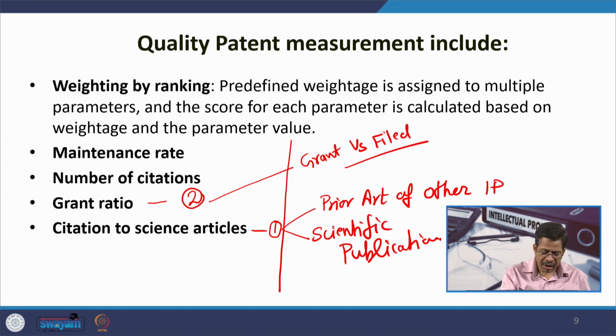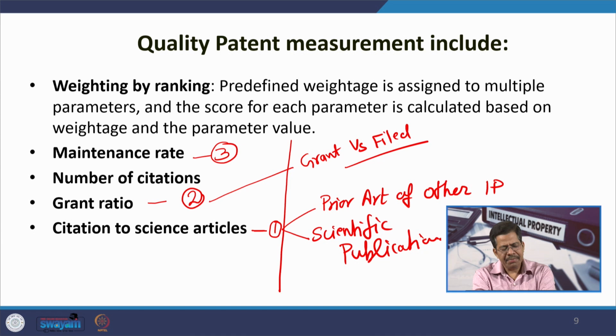Then another important thing is the maintenance rate. Maintenance rate means how many patents or how many IPs you are maintaining out of the granted IPs. So, you will obviously maintain those IPs which have the potential of revenue generation.